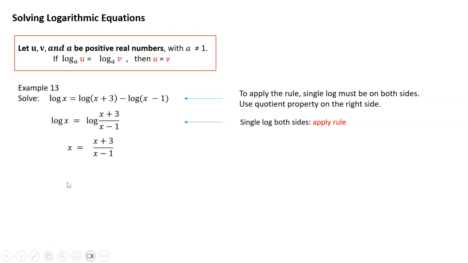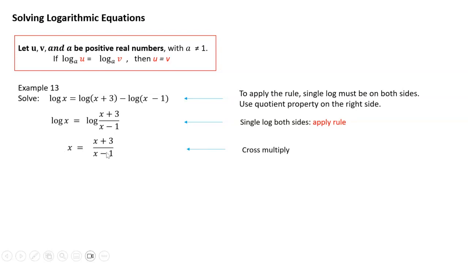So we know that x equals x plus 3 over x minus 1. Here, guys, you can do it several ways. For example, I cross multiply, because there's a 1 on the bottom here. So to cross multiply, I multiply x times x minus 1 and 1 times x plus 3.